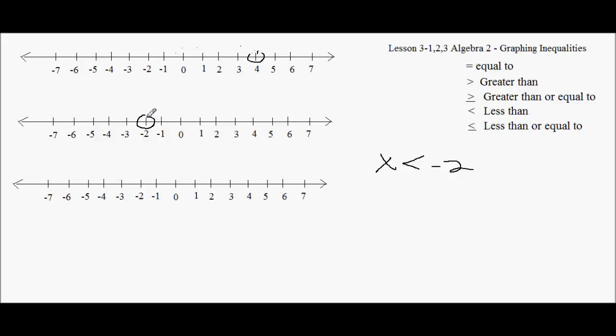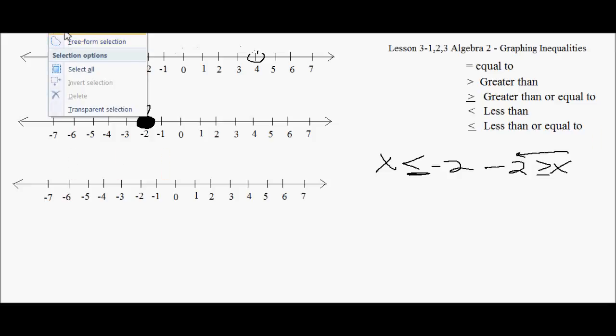This -2 is here, and then all the numbers less than it. And if I have this less than or equal to, then I would fill this in, and that would be all the numbers less than or equal to. And if I had it reversed, -2, and I went this way, I'd read it this way and I'd say all the numbers less than or equal to -2.